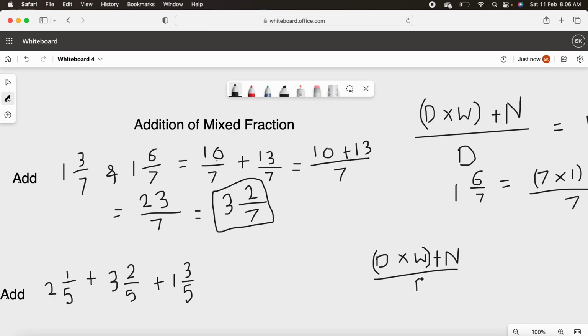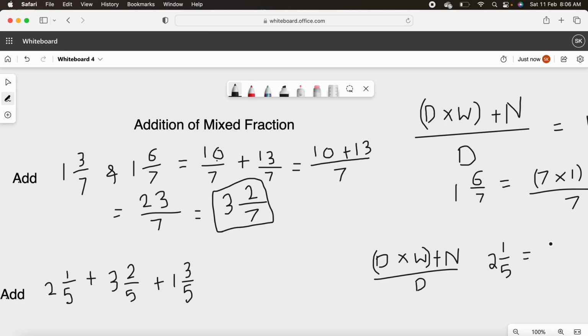Okay. Now for us to find the improper fraction of 2 1 by 5, all you have to do is insert these numbers in this formula and you'll get it.